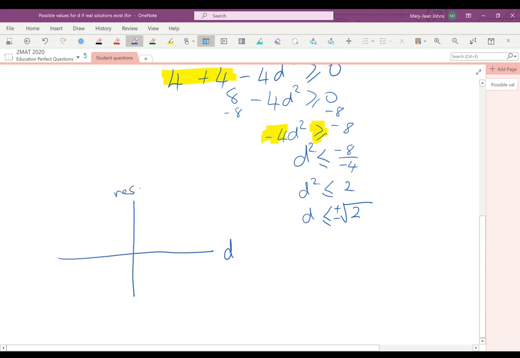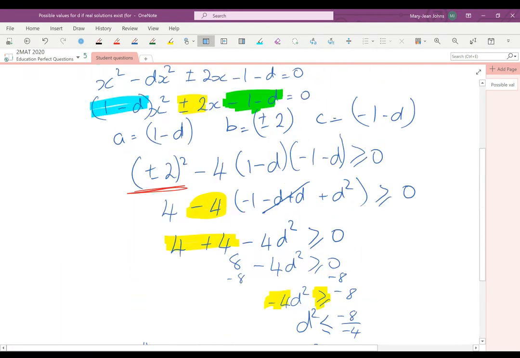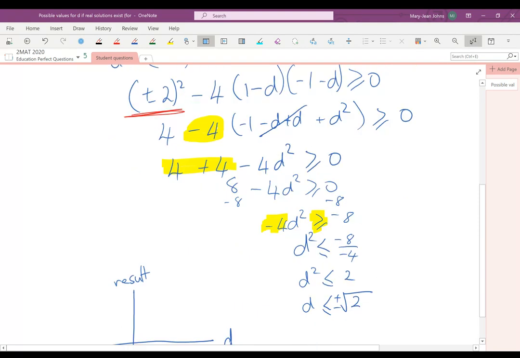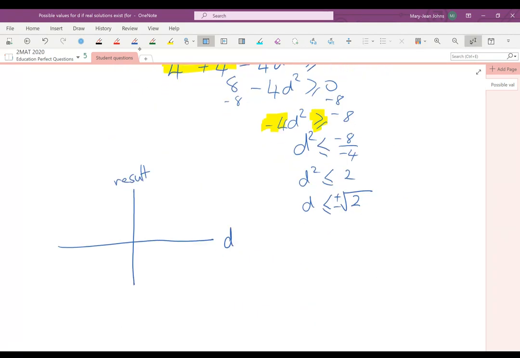So I'll just write the word result here. Oh, that was badly spelled. I look at my original equation, and I can see that x squared is positive. So when I sketch this, I'm going to sketch a positive quadratic.